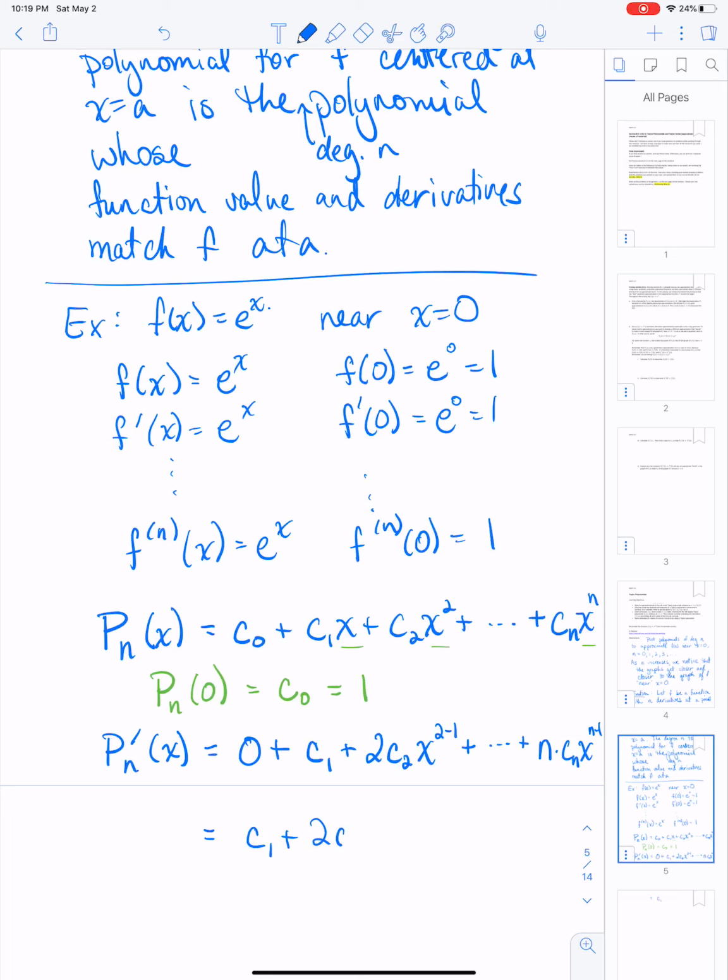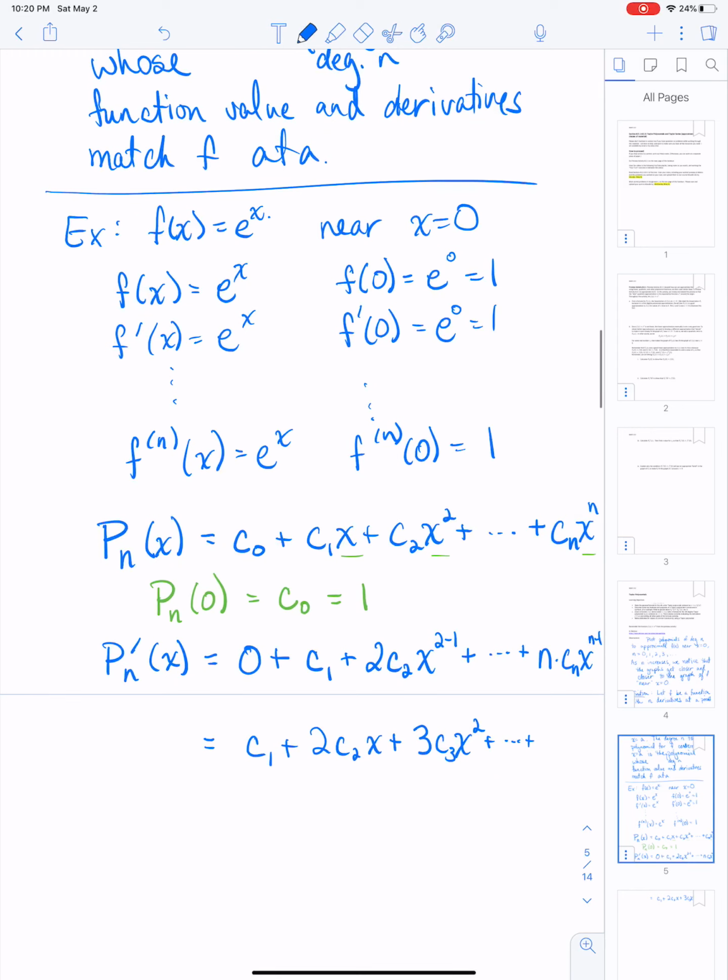And so rewriting this, we have that this is equal to C1 plus 2C2x plus, and the next one is going to be, I didn't write this term above, but let me put it in here, 3C3x squared plus dot, dot, dot, plus, let me get this last one, nCn x to the n minus 1.